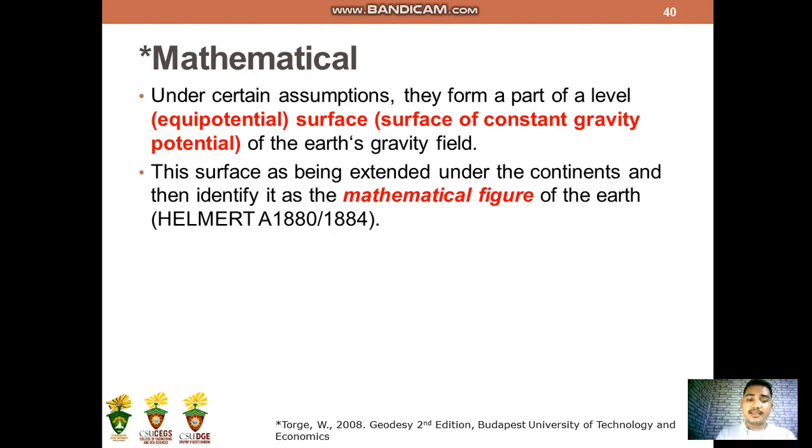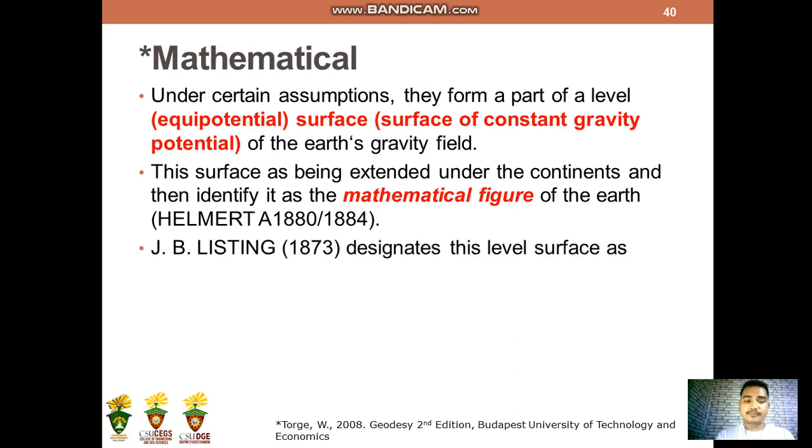So again, ang kaning mathematical figure is nagamit siya, of course, mathematical formulas and iterations. So ang buhaton na niya is from the sea surface, i-extend niya to the land part or the continents. Tapos i-identify niya as katong surface is a mathematical figure.